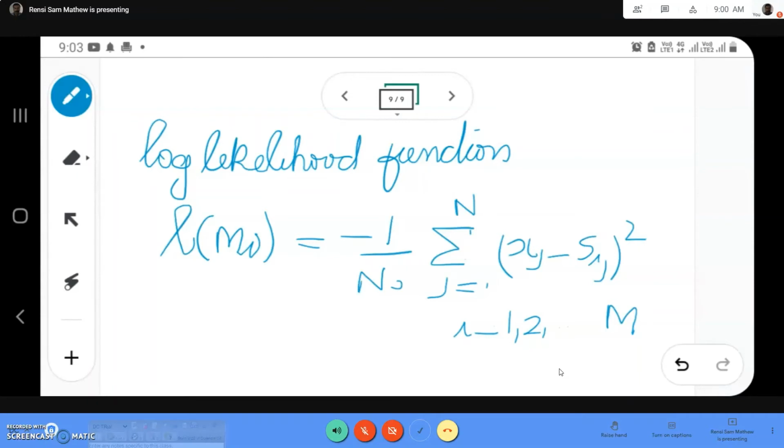This function is what we call the log likelihood function, and this reduces our likelihood function to a series of additions. Depending upon the symbol transmitted and the signal received, it will find the difference, square it, and then for each of these messages you can find it.